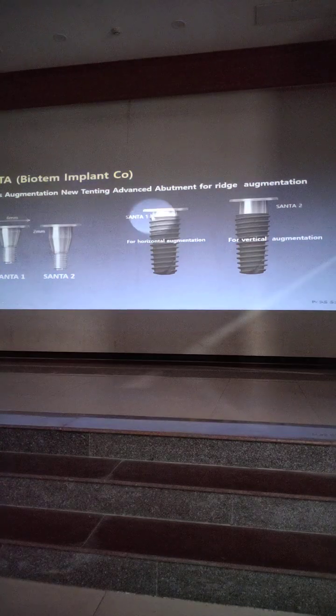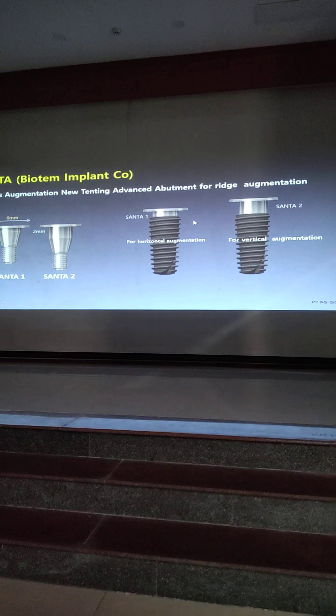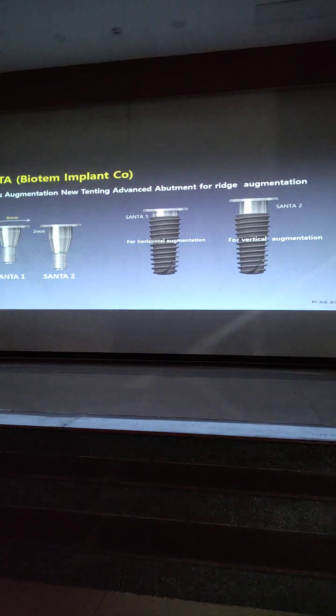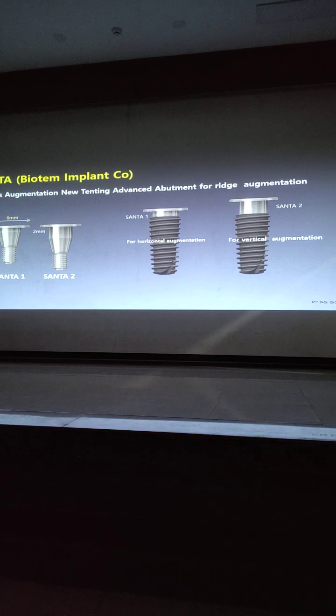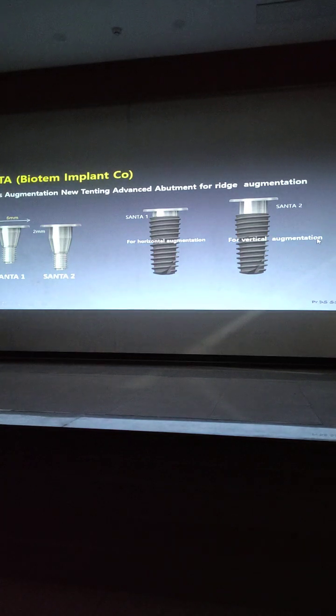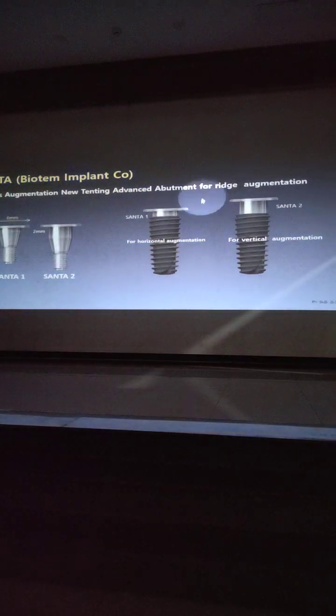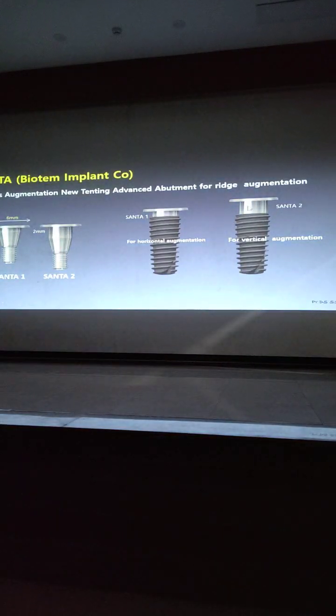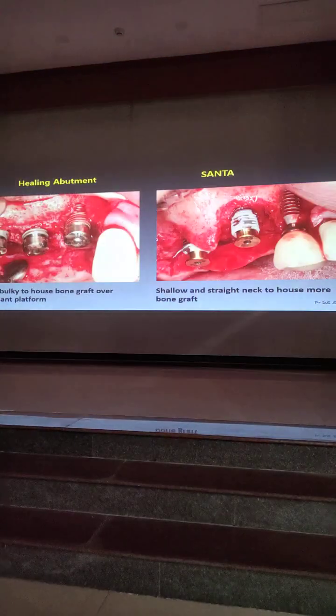Santa has a shallow, straight neck to accommodate more grafting material over the implant flap. Santa 1 is usually indicated for horizontal regeneration. Santa 2, which has a 2 mm curve height, is indicated for vertical or 3-dimensional regeneration.